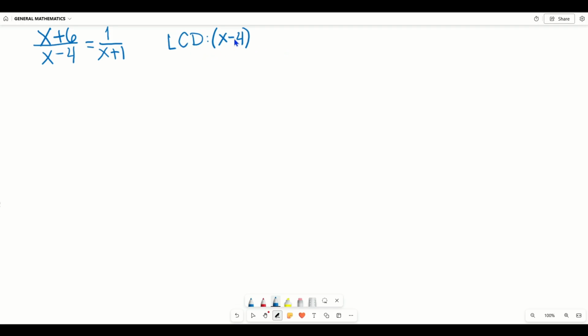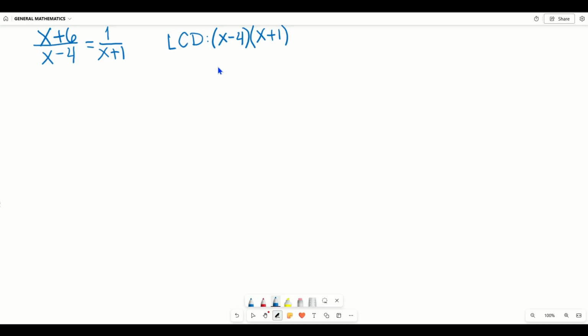If yes, then no need to write it again. But if not yet, you have to write here x plus 1. Then you have to check all of the terms in your rational equation. But in this case, we only have two terms, so we're done with our LCD.